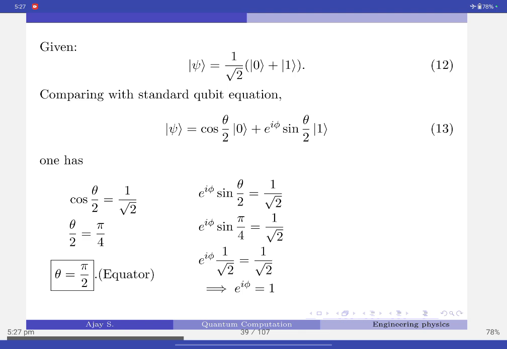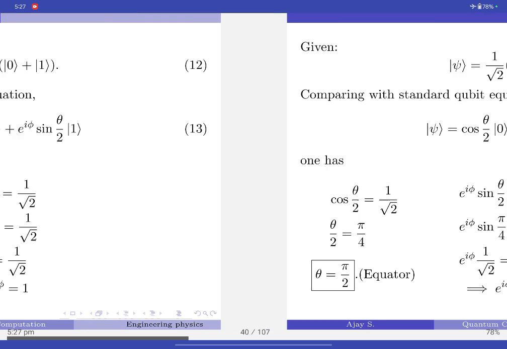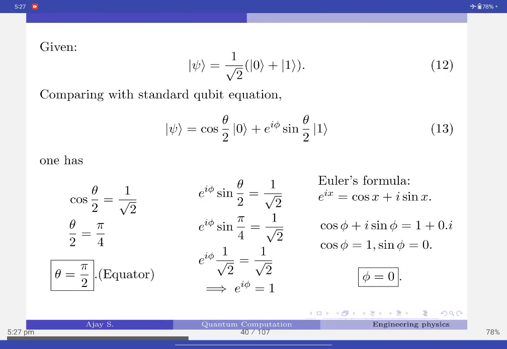Now to find out the value of phi, we make use of Euler's formula. E to the ix is equal to cos x plus I sin x. So by comparison, you get cos phi plus I sin phi has to be equal to 1 plus 0i, because there is no imaginary part and the real part is equal to 1.